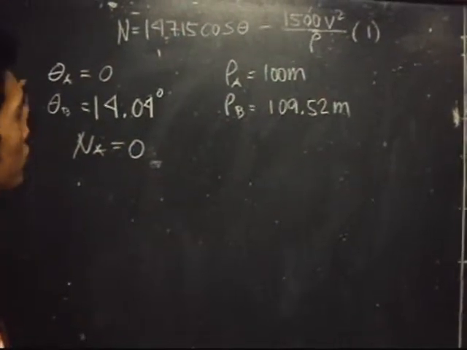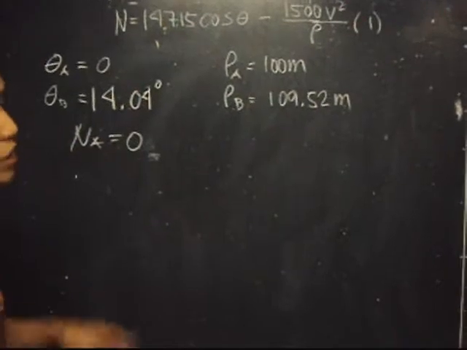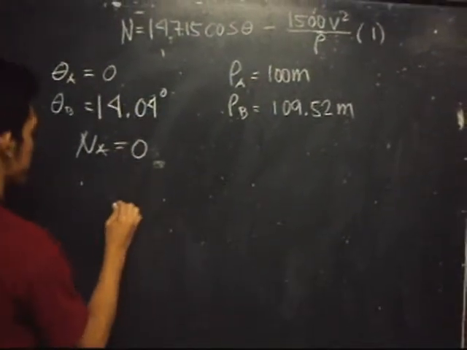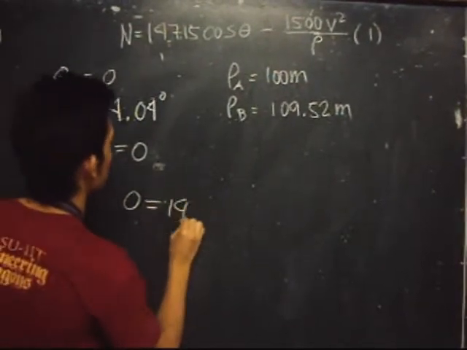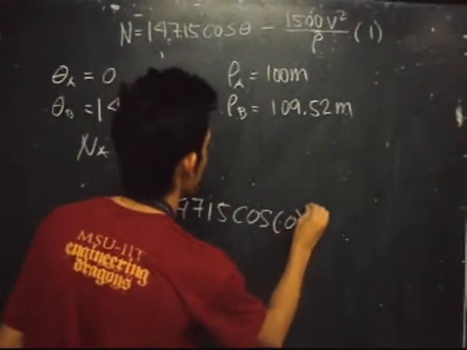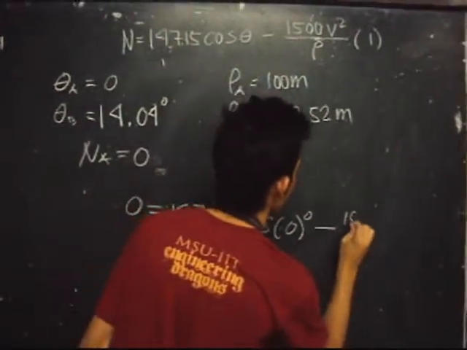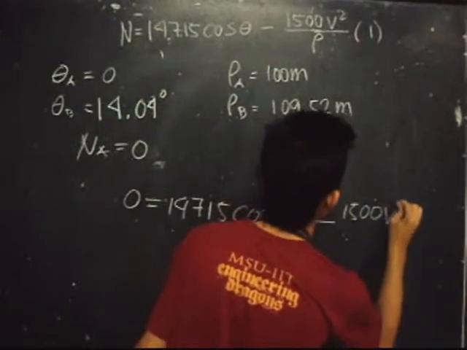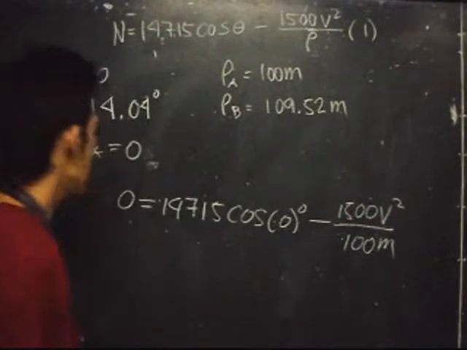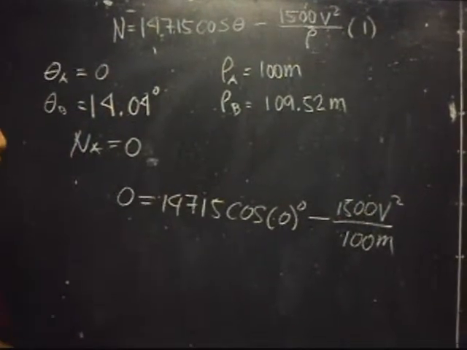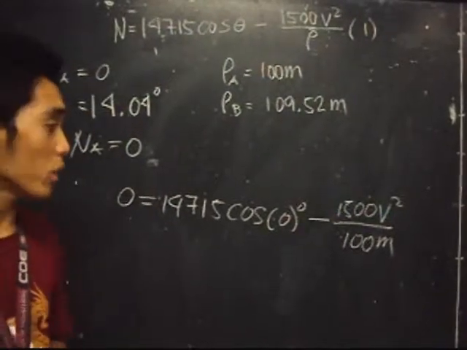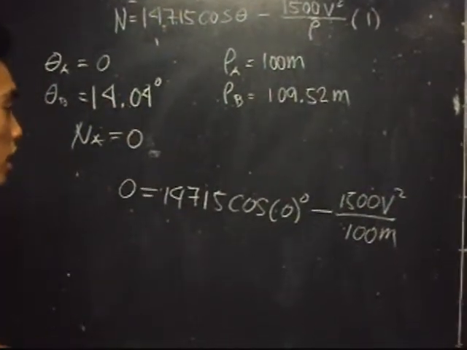Then, using these values, we substitute into our first equation, and we get 0 equals 14,715 cosine 0 degrees minus 1,500 v squared over 100 meters.